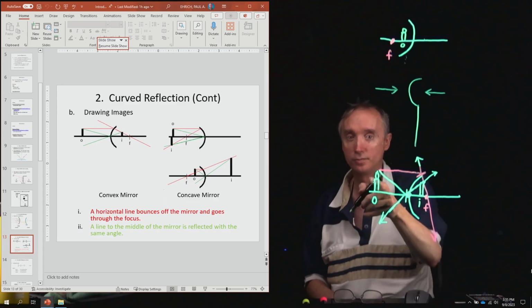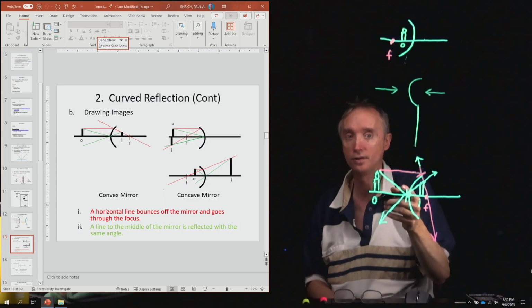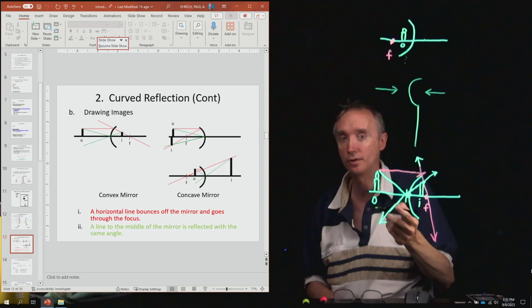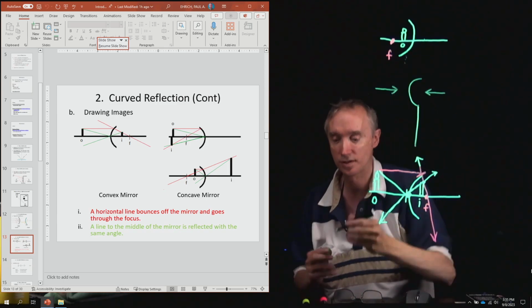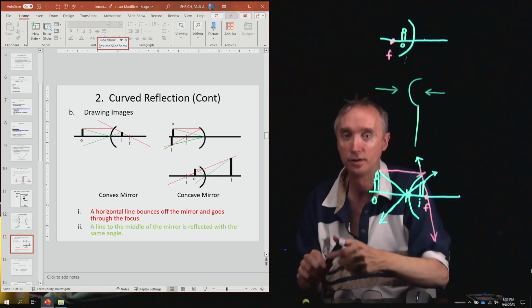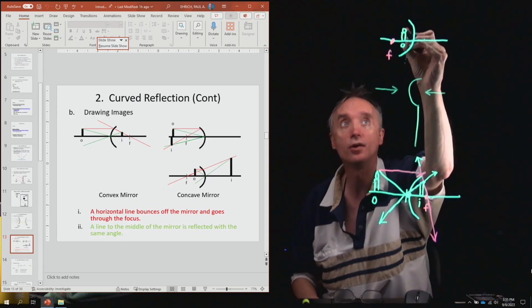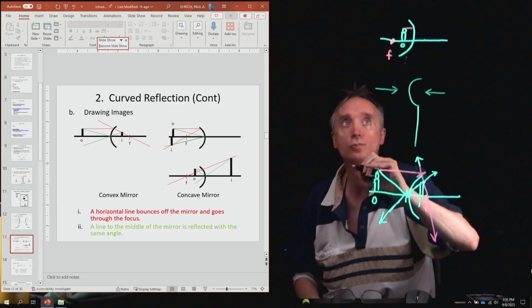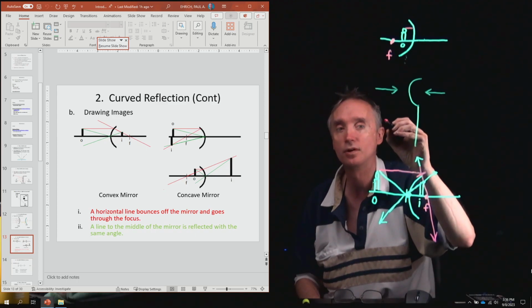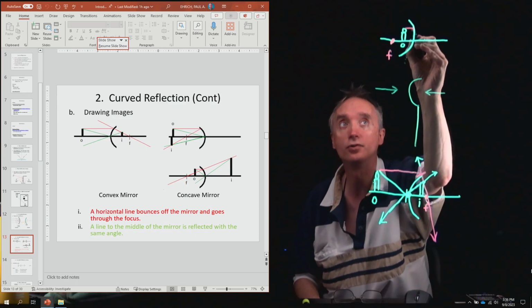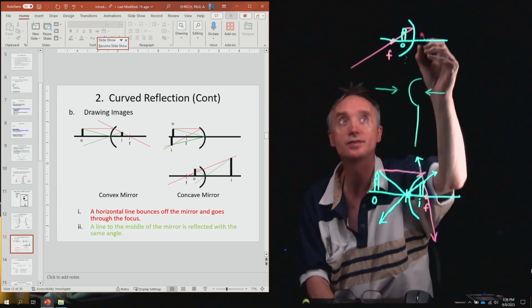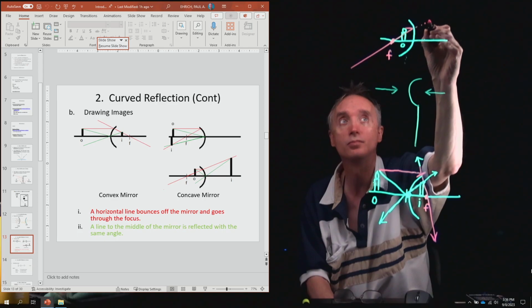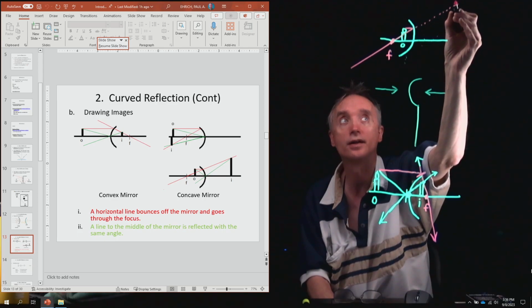So rule number 1 says that a horizontal line is going to bounce off the mirror, and then it has to go through the focus. So let's again use the red for this one. A horizontal line, when it hits the mirror, has to go through the focus like that. Okay, now we can extend it back behind the mirror like this.